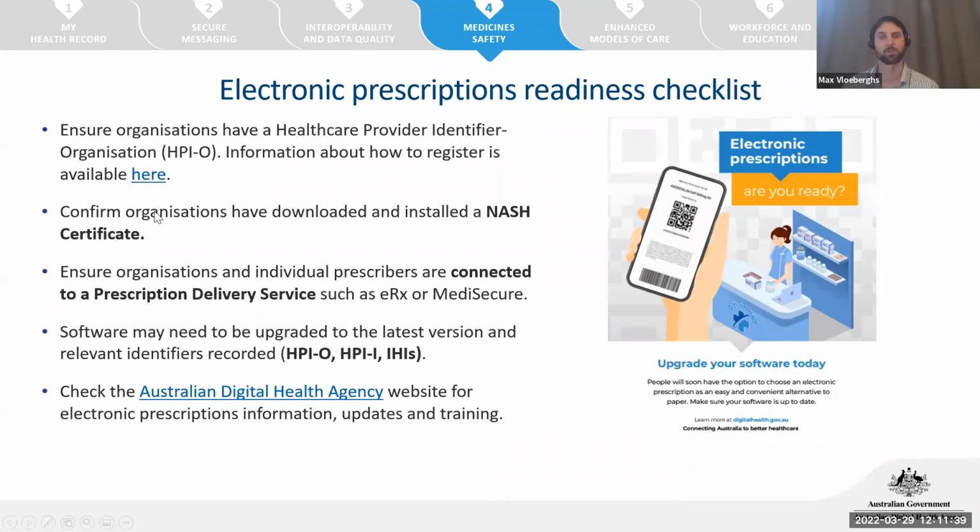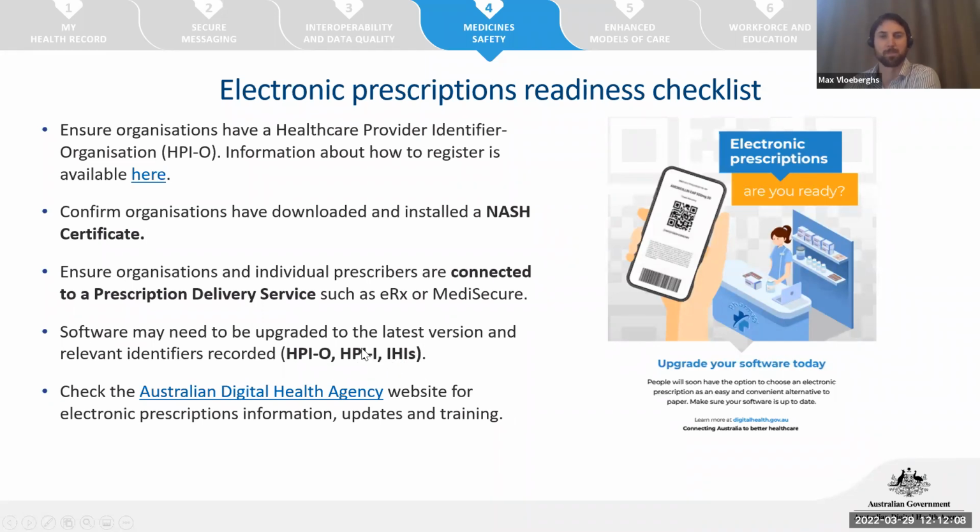You also need to ensure that your organization and individual prescribers are connected to a prescription delivery service, such as I mentioned before, ERX or MediSecure. Those are examples of prescription delivery services. And the software may need to be upgraded to the latest version and relevant identifiers, such as your HPIO, HPII, or IHIs recorded within the system.